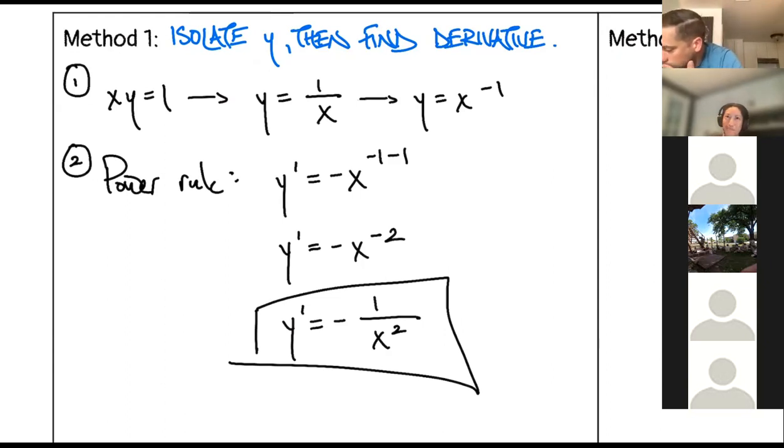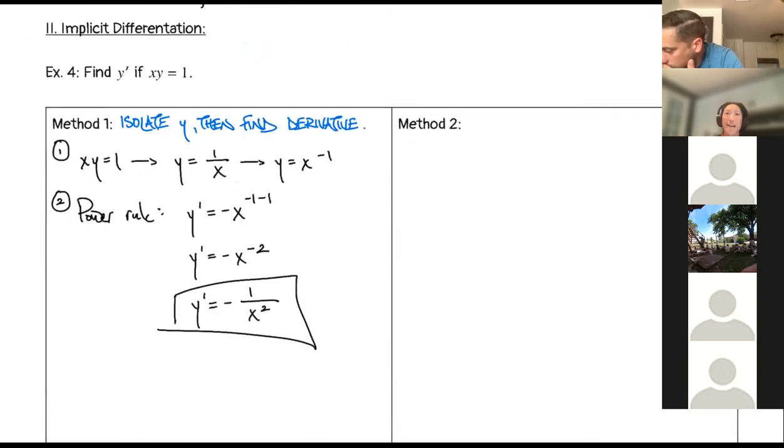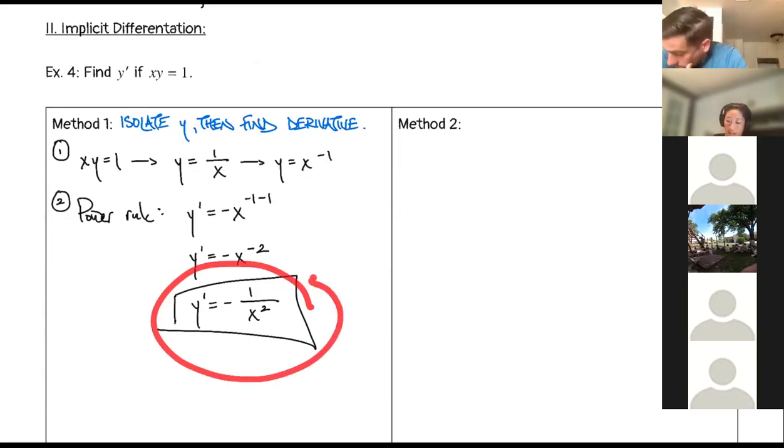Okay. All right. So now that we know what the answer should be, let's think about the second method, which, if we do it correctly, we should end up with the same exact answer.